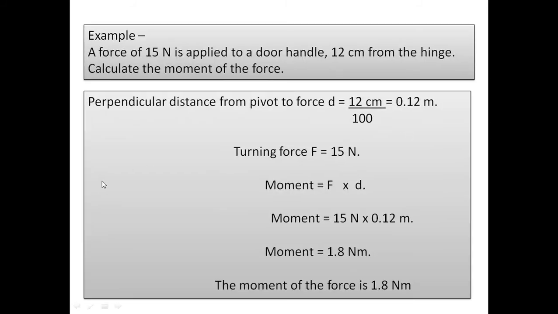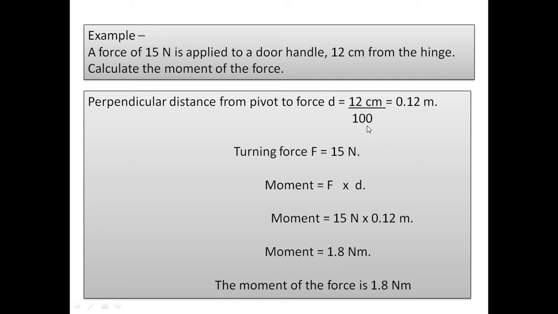Another example is shown here. Given here, a force of 50 Newton is applied to a door handle 12 centimeters from the hinge. Now here, you have to keep this in mind. The distance is given in centimeters, 12 centimeters. You have to convert it to meters. Calculate the moment of the force. Perpendicular distance from pivot to the force D, you have to divide by 100 to convert it to meters. 12 centimeters.